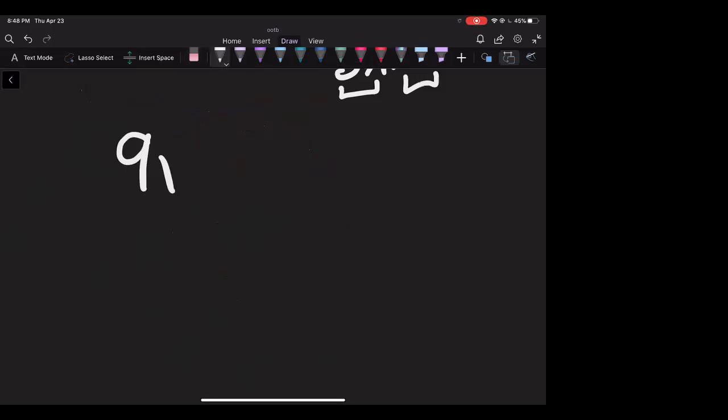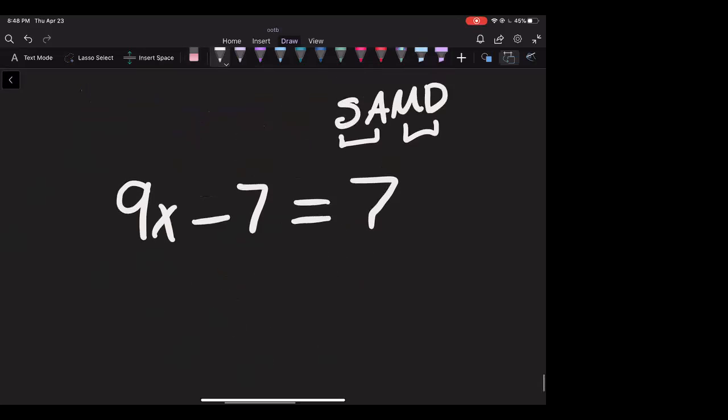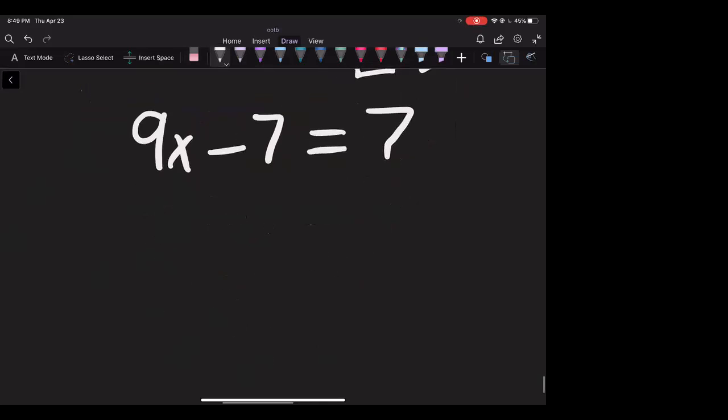We have 9x minus 7 is equal to 7. First step, is anything adding or subtracting? Is it addition or subtraction? Subtraction. So what are we going to do? We're going to do the opposite on the other side, right?